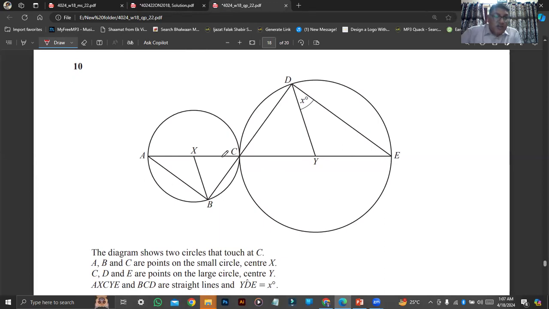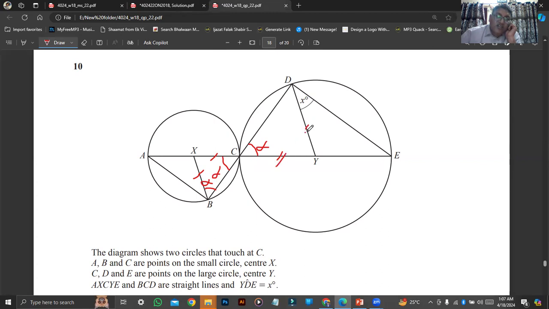You know this angle and this angle, they are equal to each other because they are vertically opposite angles. Suppose this is alpha, this will also be alpha. This is a radius, this is a radius, so this triangle is an isosceles triangle. So this angle will also be alpha, because this is radius and this is also radius.